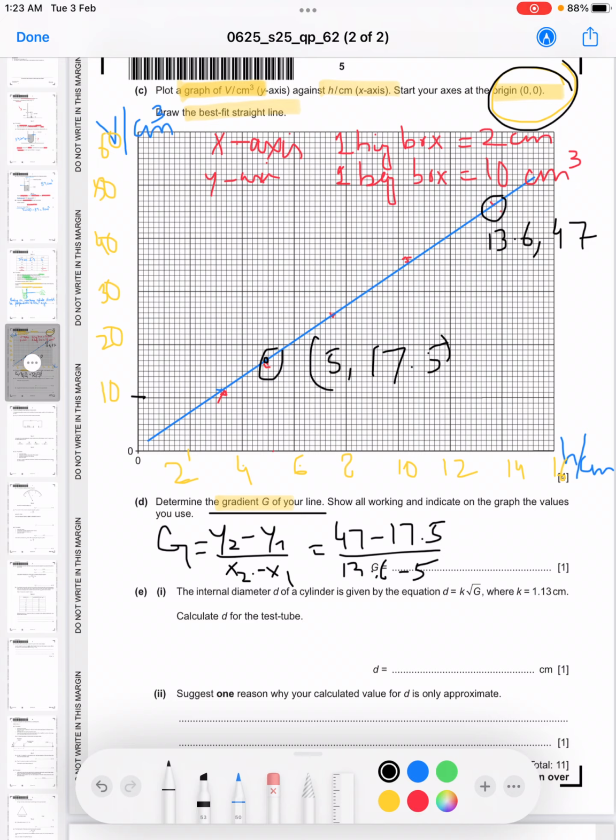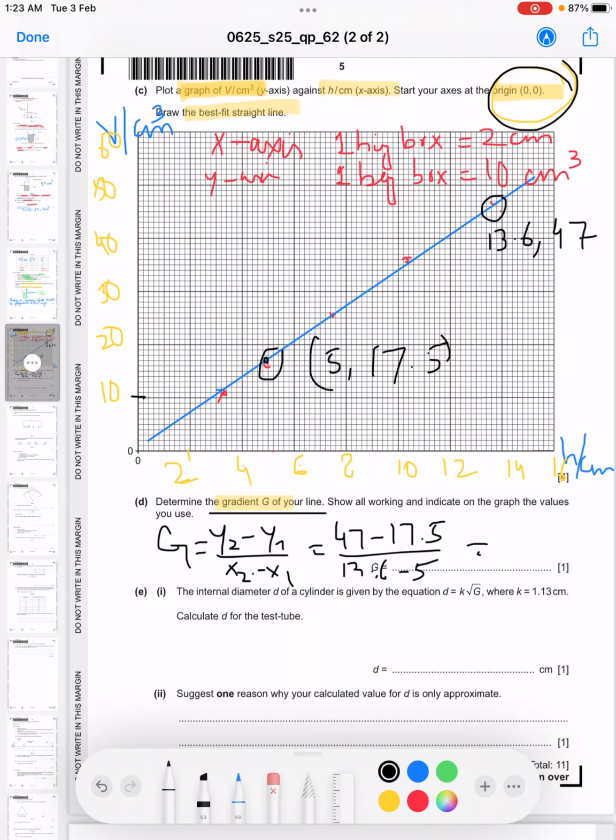Everyone pause the video, do it by yourself, take any 2 points and check. Let's check how much our answer varies. It will vary because everyone takes different points. 8.6, so 29.5 divided by 8.6.